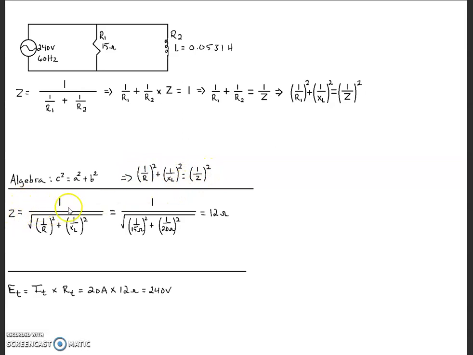Now, Z is equal to 1 over the square root of 1 over R squared plus 1 over XL squared. And if we plug the numbers in here, we end up with a total resistance of 12 ohms. To finish off, ET is simply IT times RT, and 20 amps times 12 ohms gives us 240 volts.